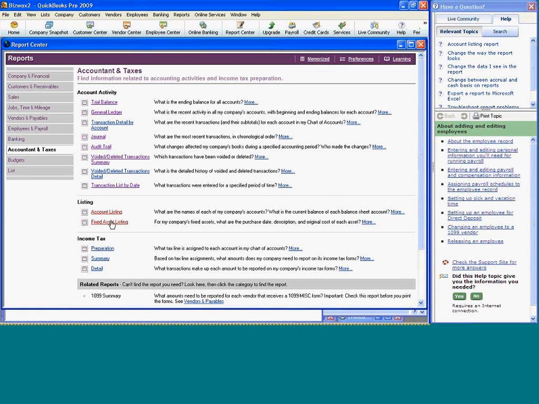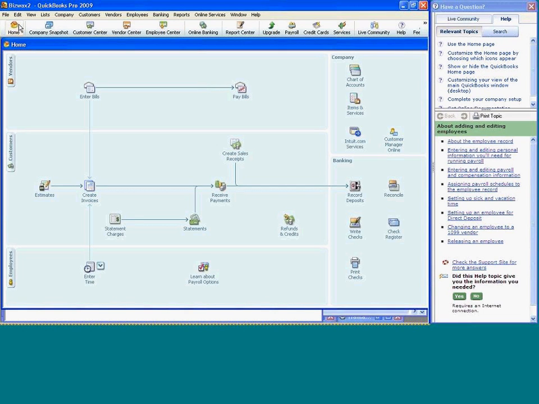So what I've shown you over here, reports, company and financial, job, time, vendors, employees, banking, et cetera, budgets, and a whole bunch of stuff like that. Okay. So we'll now review a few things which are very important over the time period. So again, over here we have the big picture of what they have over here.